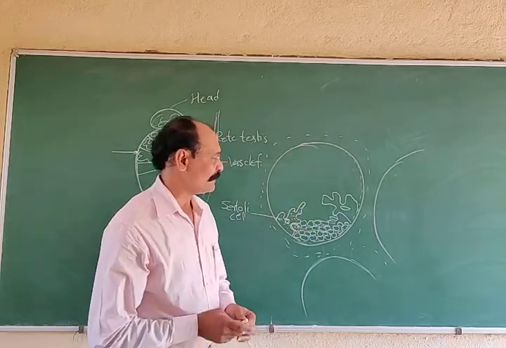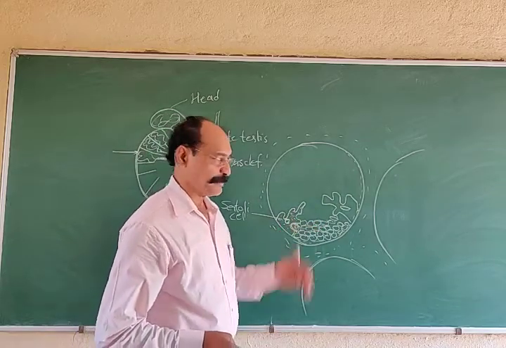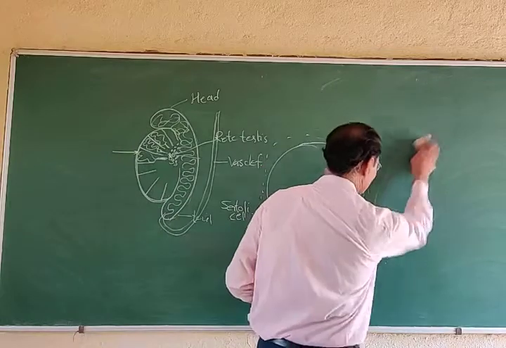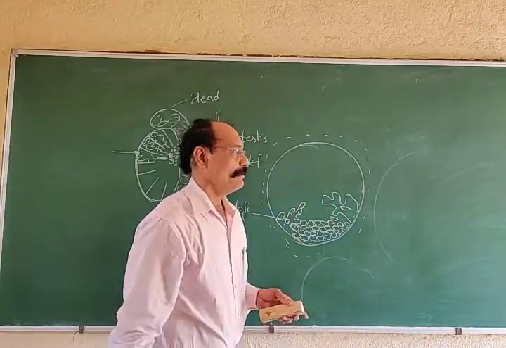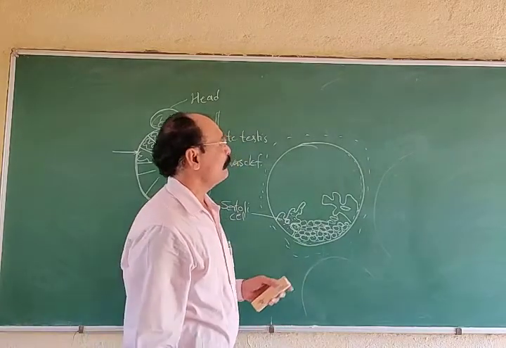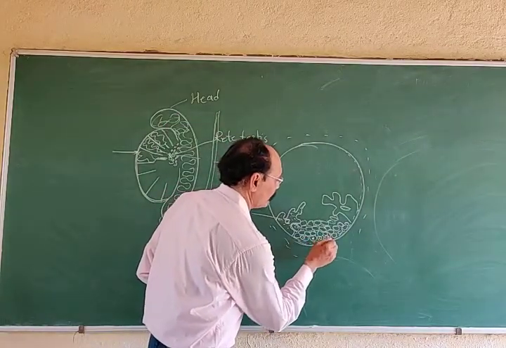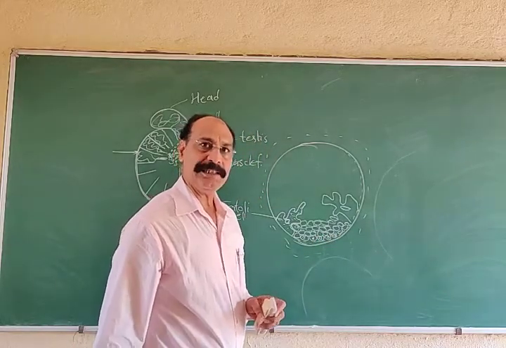So the various stages of development are seen in the process of spermatogenesis. Here we can see the phases: at the base there are the cells called the spermatogonia, or spermatogonial cells.